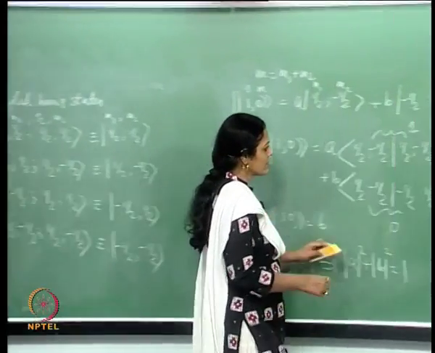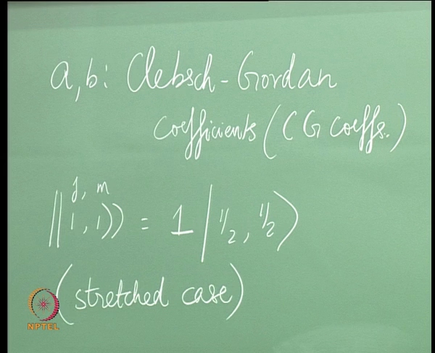Let me repeat this. 1 comma 1 is to be expanded in terms of the uncoupled basis states. The only way by which I could have got M equals 1 is by using M1 equals half and M2 equals half. There is no other possibility.